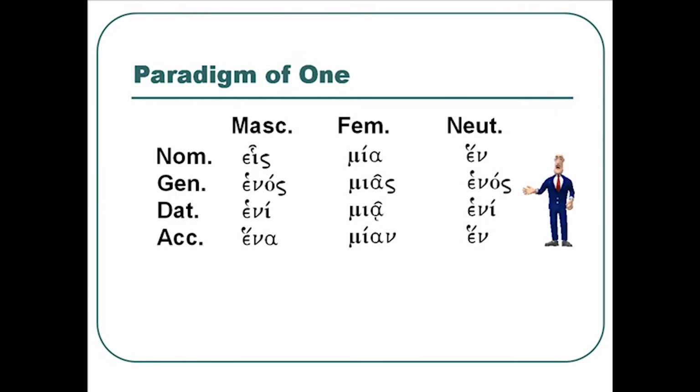So the neuter is also trouble. It looks like hen, which also can look like the preposition en if you're not careful. The preposition en means in, and this Greek word for 1 is hen with the rough breathing. So it's hen, henos, heni. You see those exactly match the masculine forms, and then back to hen in the accusative. So the nominative and accusative are the same.